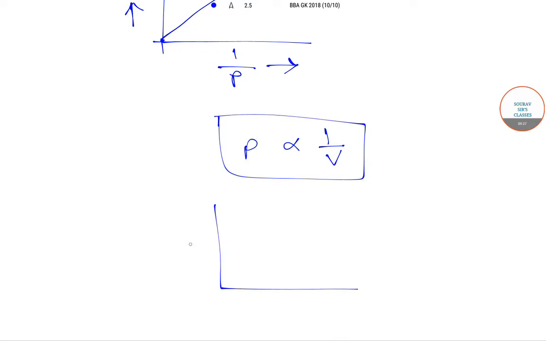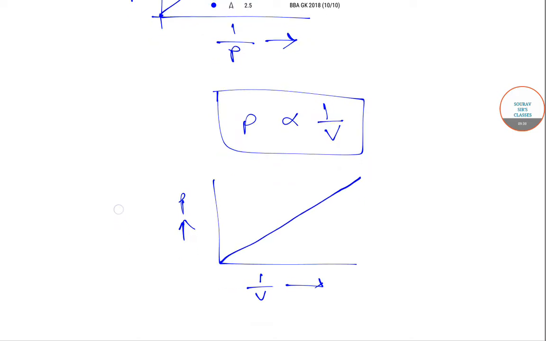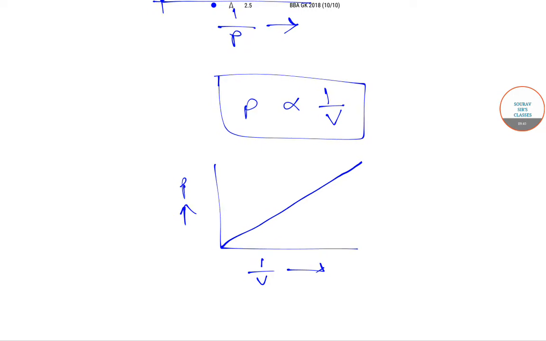This is the graph, and this is pressure, and this is volume, and it will make a straight line passing through the origin with slope K.